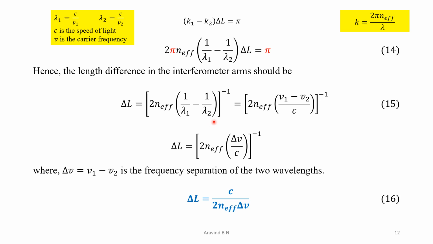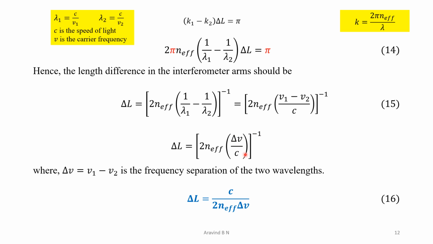By doing so and resolving that, we get 2n effective into v1 minus v2 divided by c, whole to the power of minus 1. This v1 minus v2 we replace by delta v. So the expression becomes delta L is equal to 2n effective into delta v divided by c, whole to the power of minus 1.